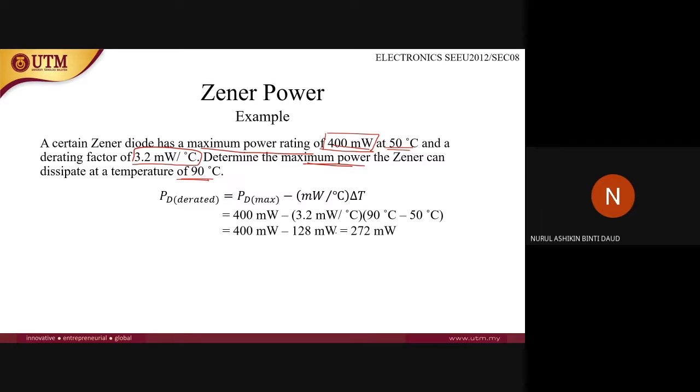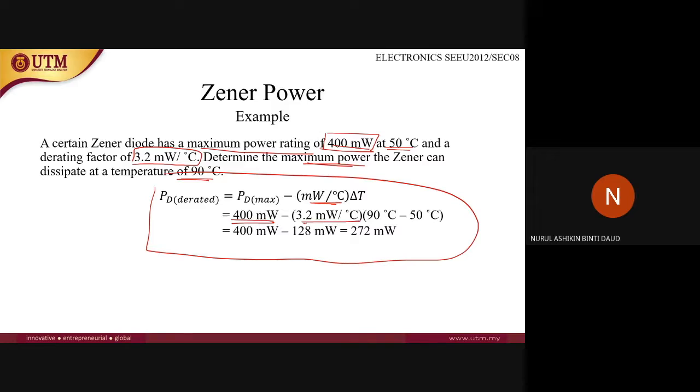So this is the solution. PD maximum is already given to you: the maximum power rating is 400 milliwatt, and the derating factor is also given, which is 3.2 milliwatt per degree Celsius. So just write the values. Then what is delta T, the change of temperature?